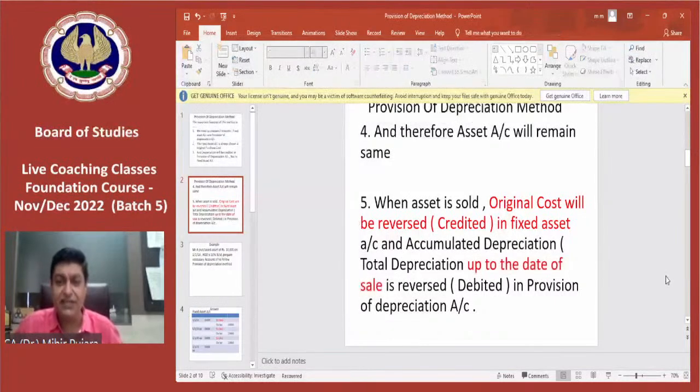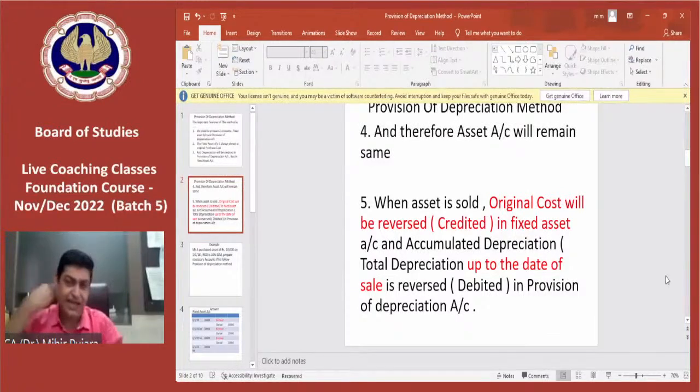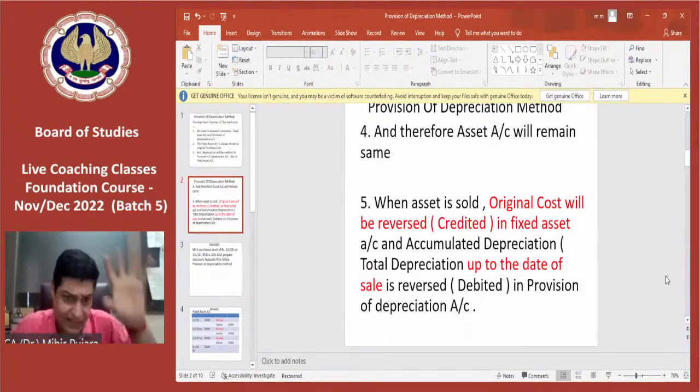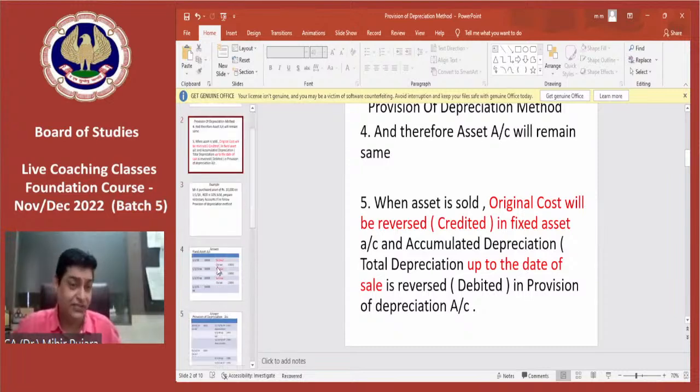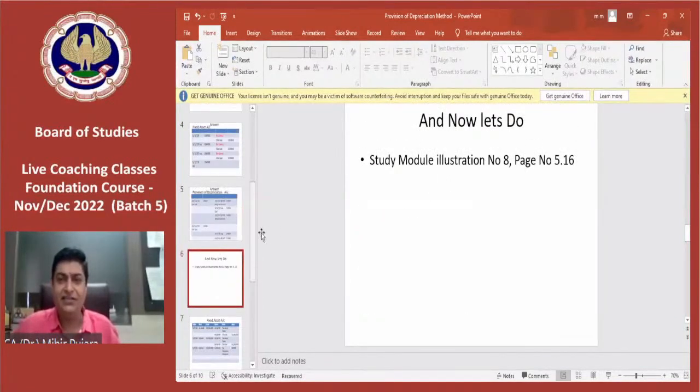Total depreciation up to the date of sale will be reversed. Okay, guys. So this is what we basically understood. And then we have started a very good question, that is illustration number 8.